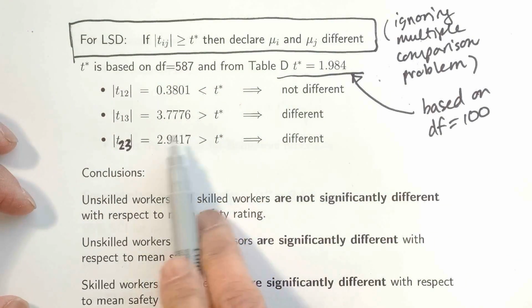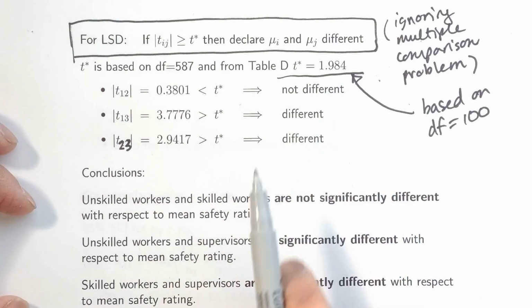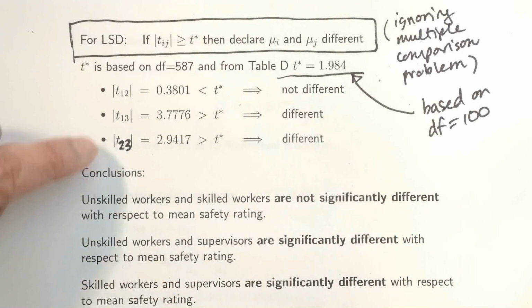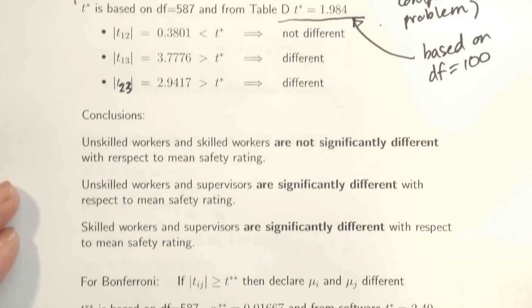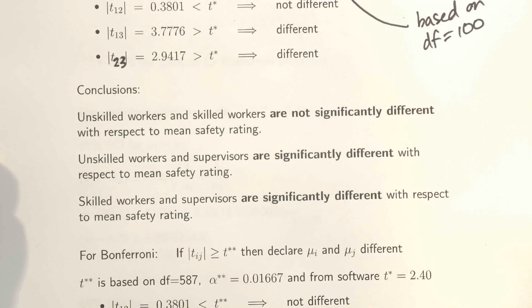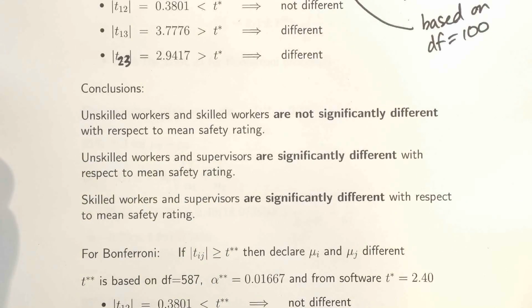We get a test statistic value of 2.94, which is greater than t-star, and these are different. So you can see that this is much quicker than calculating 3 different p-values. And in words, we say that unskilled workers and skilled workers are not significantly different with respect to mean safety rating, while unskilled workers and supervisors are significantly different, and skilled workers and supervisors are significantly different.